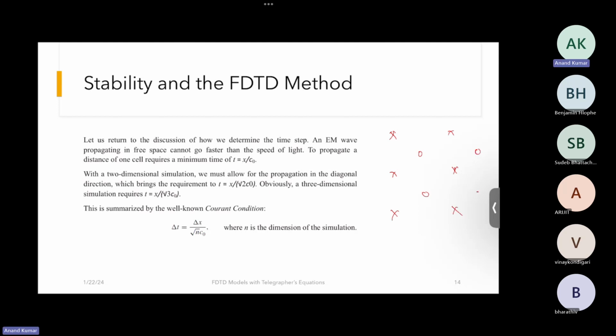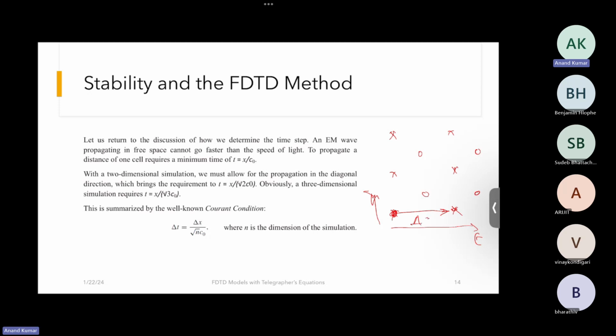For example, this is the time and space axis. We first operate at one node, and then we move to the next node. These nodes are separated by delta s.